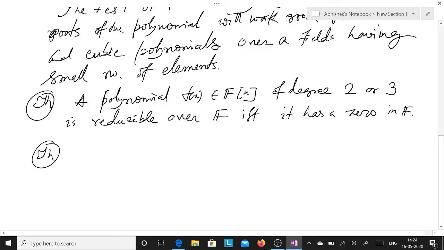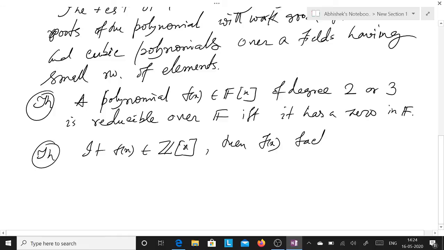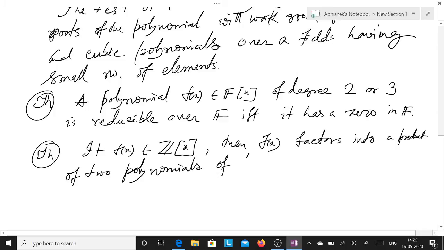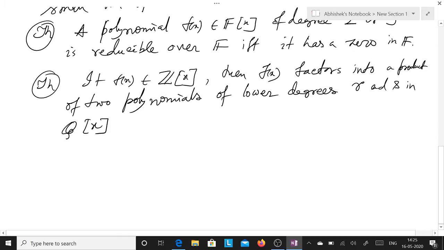The theorem is, if f(x) belongs to Z[x], that is, f(x) is a polynomial with integer coefficients, then f(x) factors into a product of two polynomials of lower degrees R and S in the polynomial ring Q[x] if and only if it has such a factorization with polynomials in Z[x].